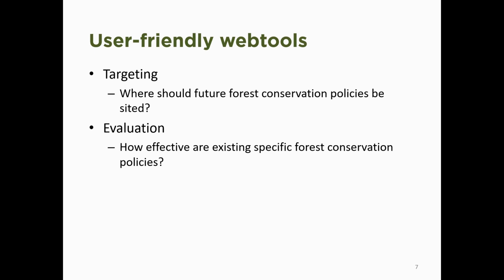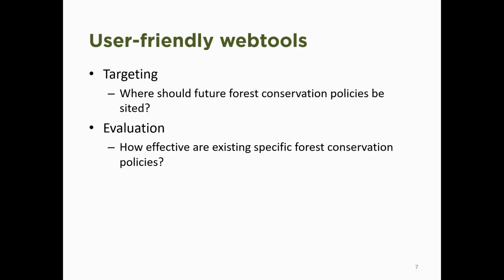So we've built two user-friendly web tools. One is for targeting forest conservation policies, that is identifying the places where these types of policies are going to generate the greatest conservation bang for the buck. And the second tool is for measuring the effectiveness of specific policies in stemming deforestation in specific places.